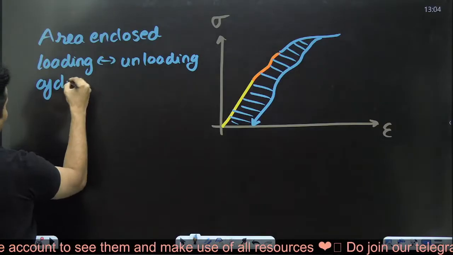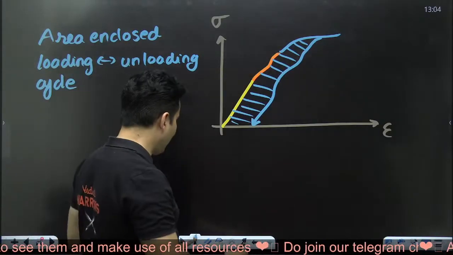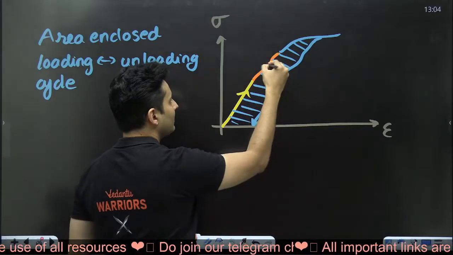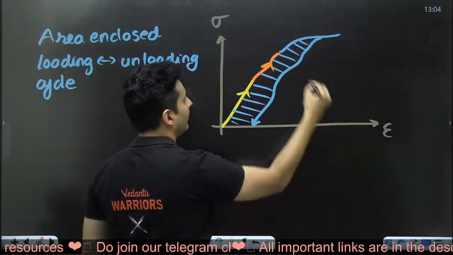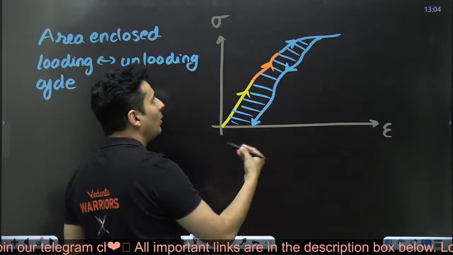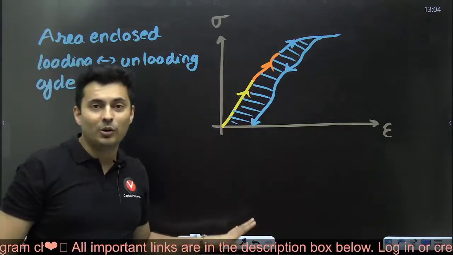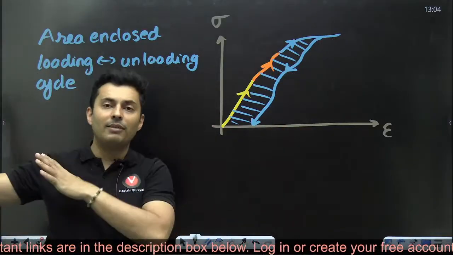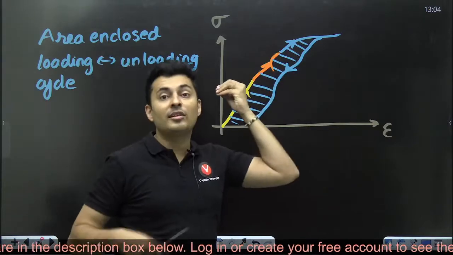Because I have loaded it and then I have unloaded it. Remember, I have increased the stress, and then relieved the stress. I have loaded it and unloaded it. So what is that area going to give me? This is the energy stored and then energy given back. So this is the energy which is lost.